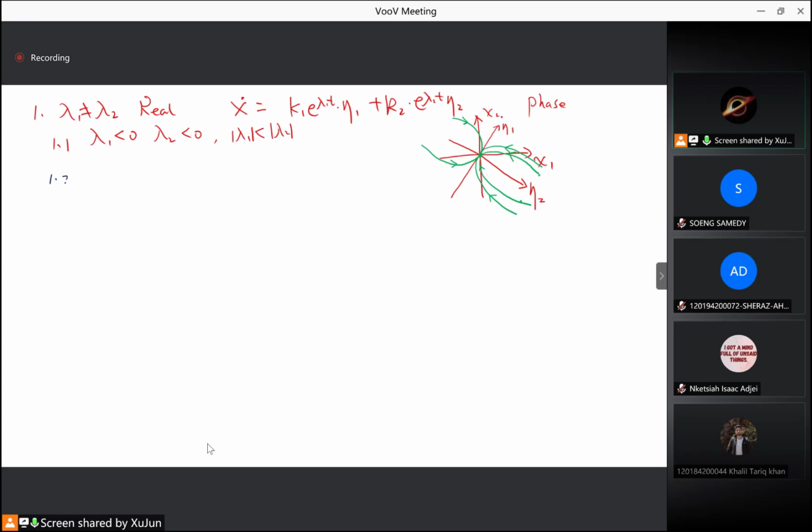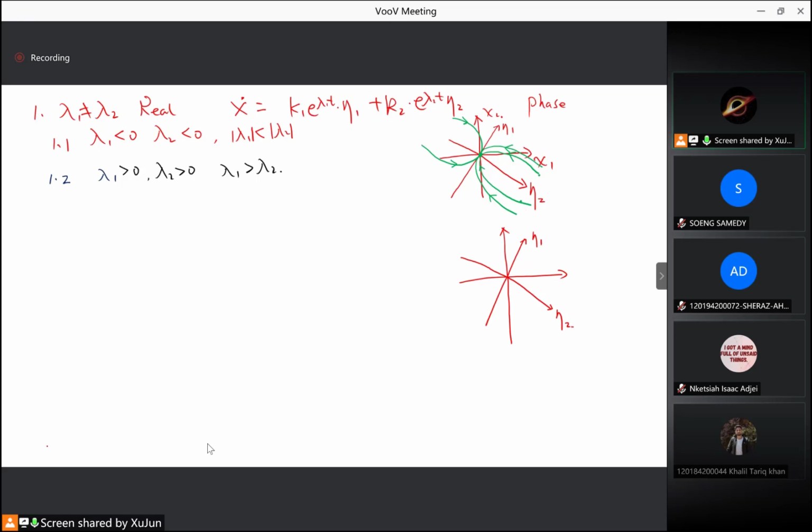The case 1.2, if lambda 1 larger than 0 and lambda 2 larger than 0, and assume lambda 1 larger than lambda 2, then the figure will be this eta 1 and this eta 2, because lambda 1 larger than lambda 2.